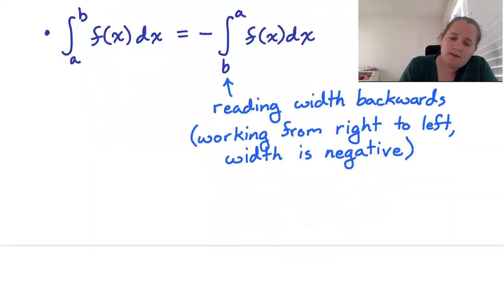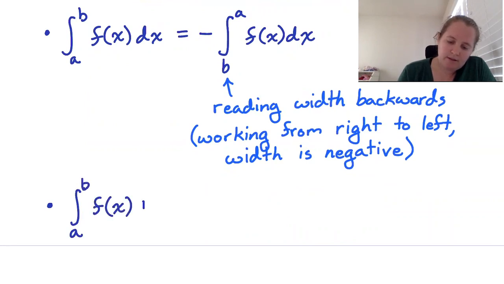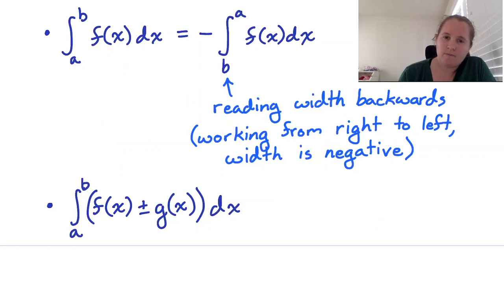All right, next up, we'll look more familiar. These are similar to our two integration rules that we were just talking about in section 5.1. So the integral from a to b of f of x plus or minus g of x dx, we can split this into two integrals.